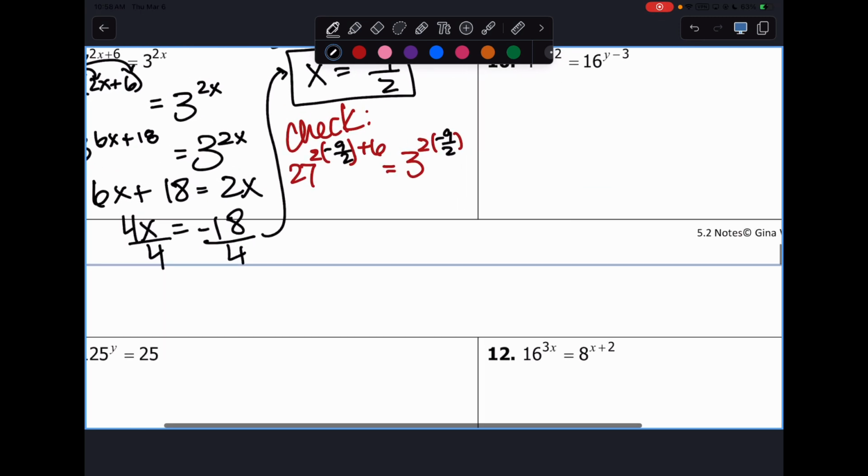So do you see that part right here, 2 over 2? I can cross them out. What do I have? Negative 9 plus 6 is negative 3. 3 to the second power gets canceled out with the denominator 2. And who's left? Negative 9. Let's see if it's equal to each other.